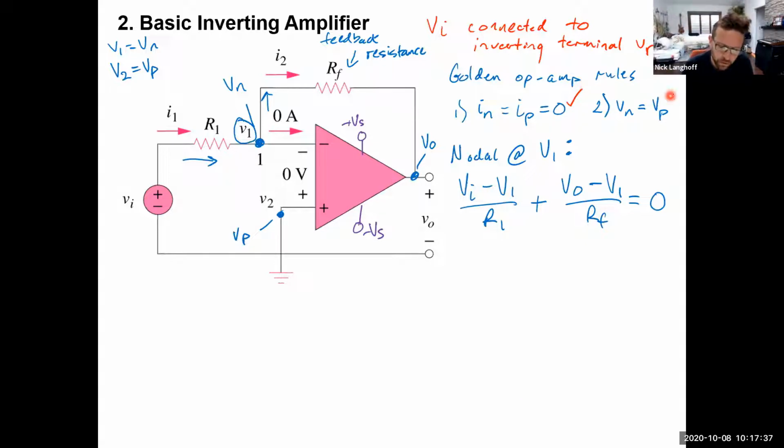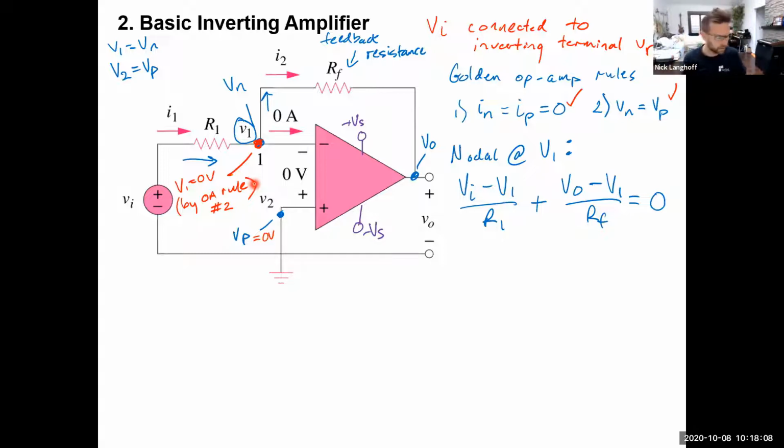Now we're going to invoke op amp rule number 2, because if you check it out, VP is equal to 0 volts because it's grounded. So by the op amp action, V1 equals 0 volts by golden op amp rule number 2.